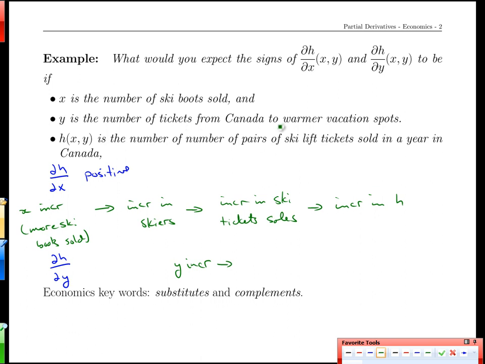If they're spending more on tickets to get to warmer places, then they're less likely to go skiing because they have already spent their travel money. And so we'd expect a decrease in ski ticket sales here. Again, this is under some assumptions, but it's a pretty reasonable conclusion. So we expect a decrease in H, and so this derivative would be negative overall.